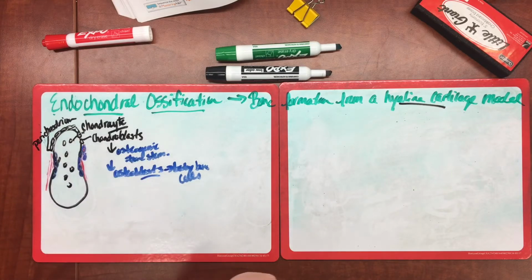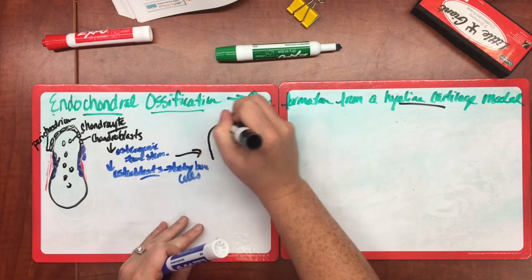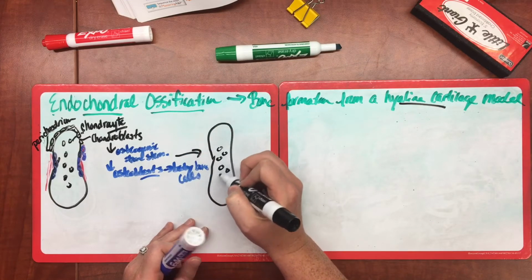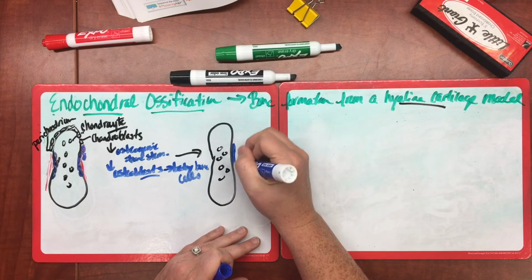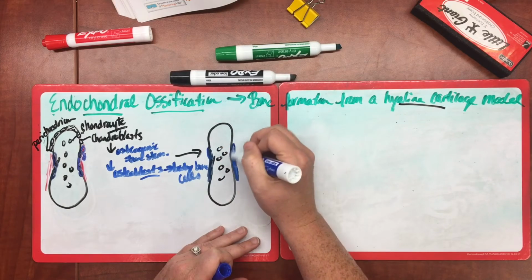And what do you remember the osteoblasts do? Well, osteoblasts begin to secrete the organic bone extracellular matrix. If we move forward, this is what it's going to start to look like. So hyaline cartilage model, you still have these cartilage cells in here, and then you have these osteoblasts that are secreting this matrix.